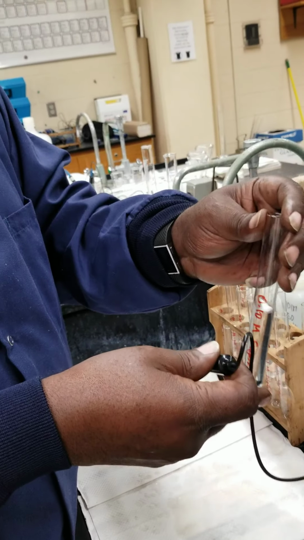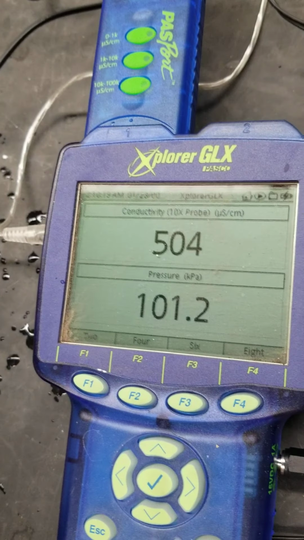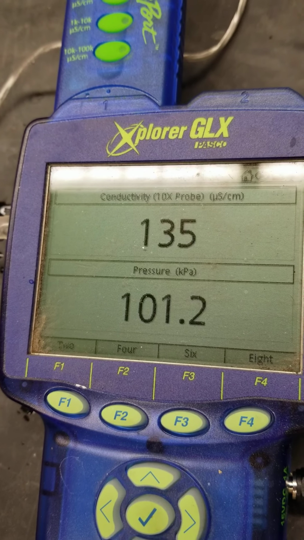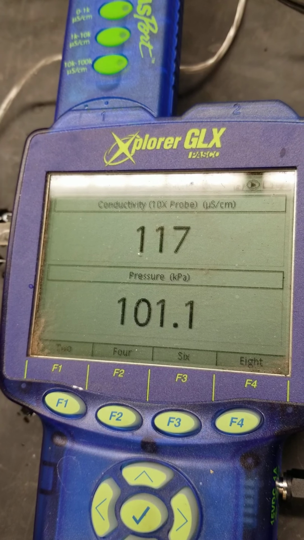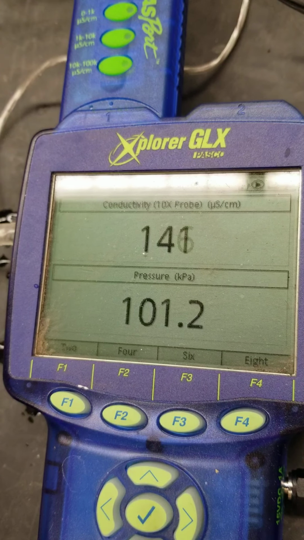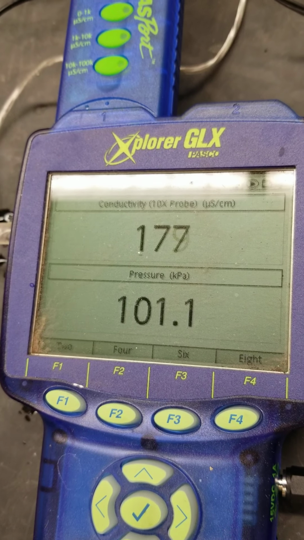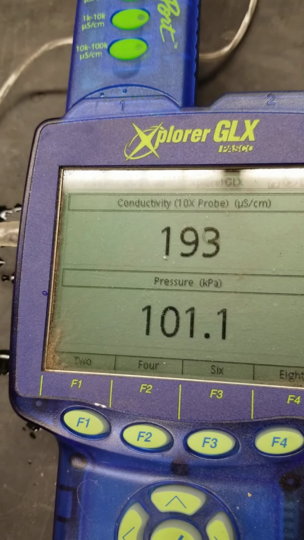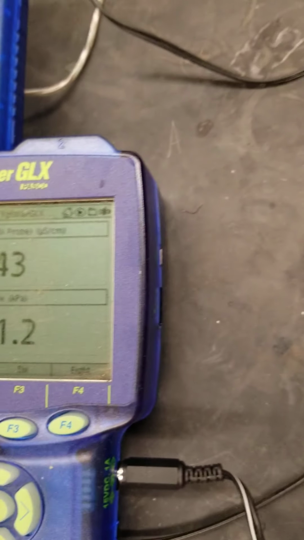Sugar, 0.10 molar sugar solution. Let's read that as 182 microsiemens per centimeter.